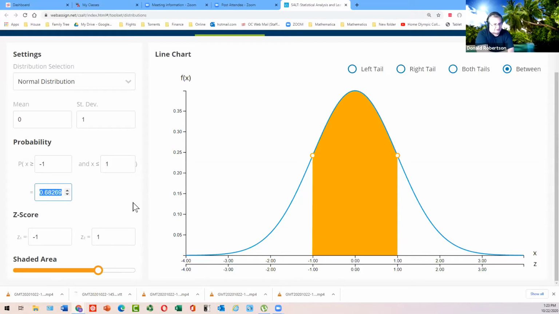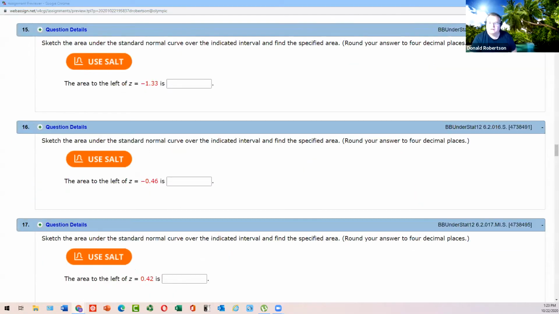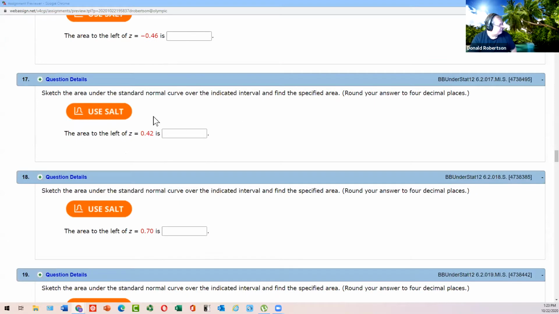So remember that 68 is 1 standard deviation away from the mean, 95 is 2, and 99.7 is 3. It's all in front of us in this table. Everything you could possibly want is there. So can you imagine that all you're going to do is hit that button and basically do to the left, to the right, or a between?